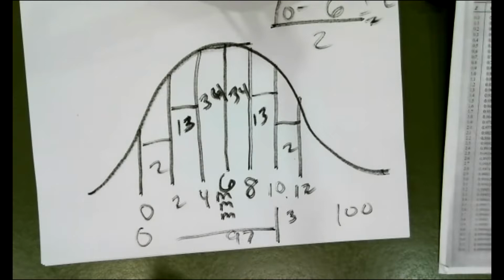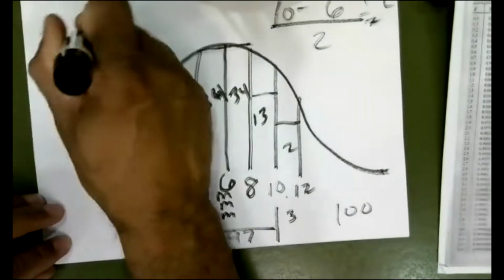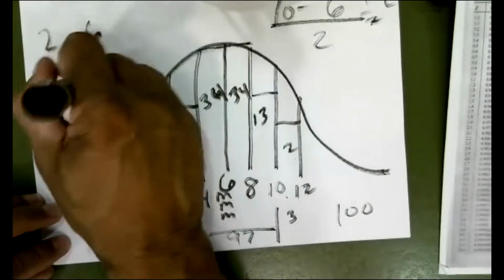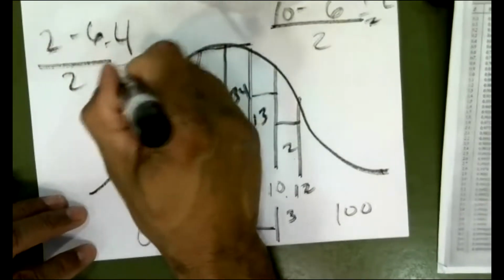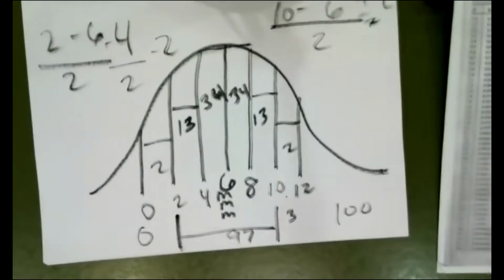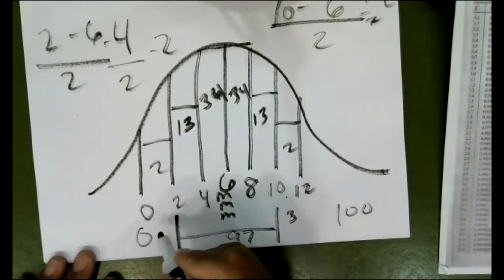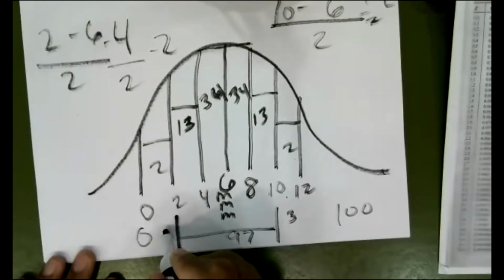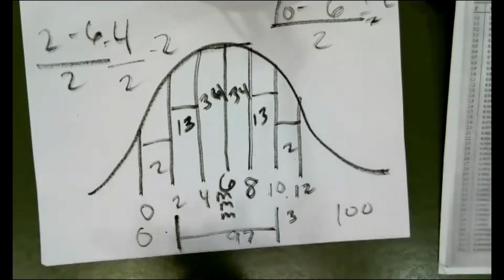I can also figure, hey, what's the probability somebody would stay 2 days or less? 2 minus 6 over 2 gives me -4 over 2, -2 standard deviations below the mean, right? And if I solve for that, it told us that it was 3% down here and 3% up there.